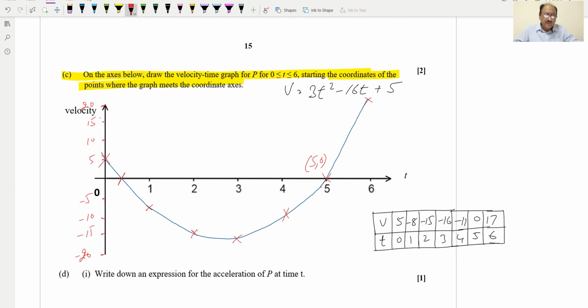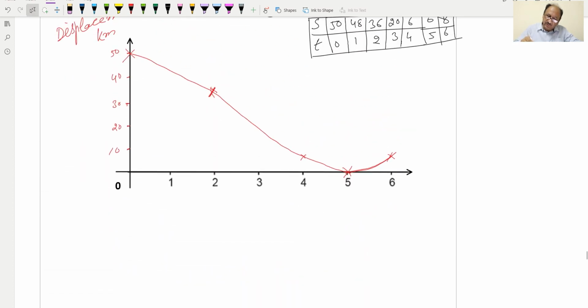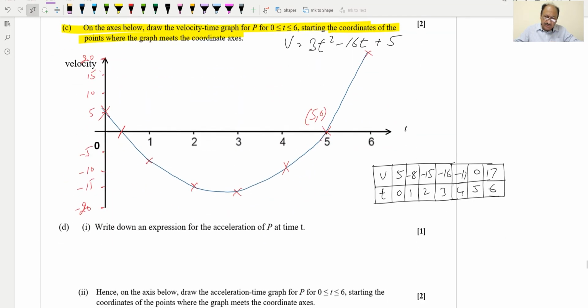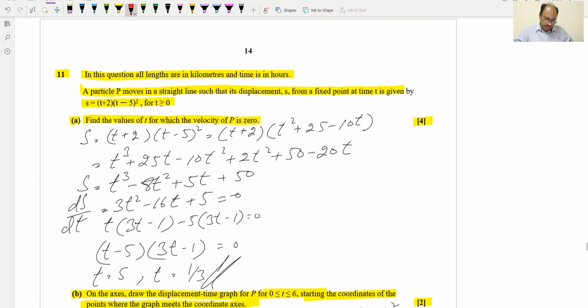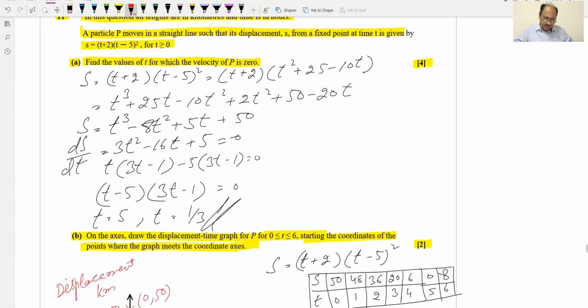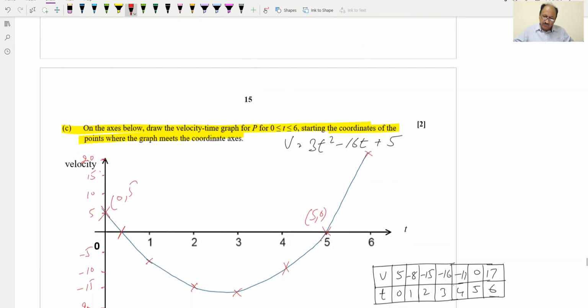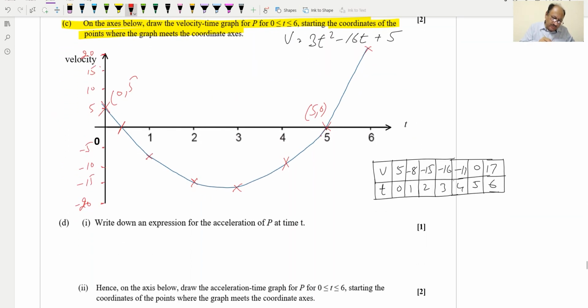For this graph we have 5 and 0, and this will be 0 and 5, and this other point, which is basically the vertex, we calculated that one, that is 5 and 1 by 3. This will be the vertex of the curve. This will be 1 by 3, 1 by 3, and 0. So these are the points which we have done.